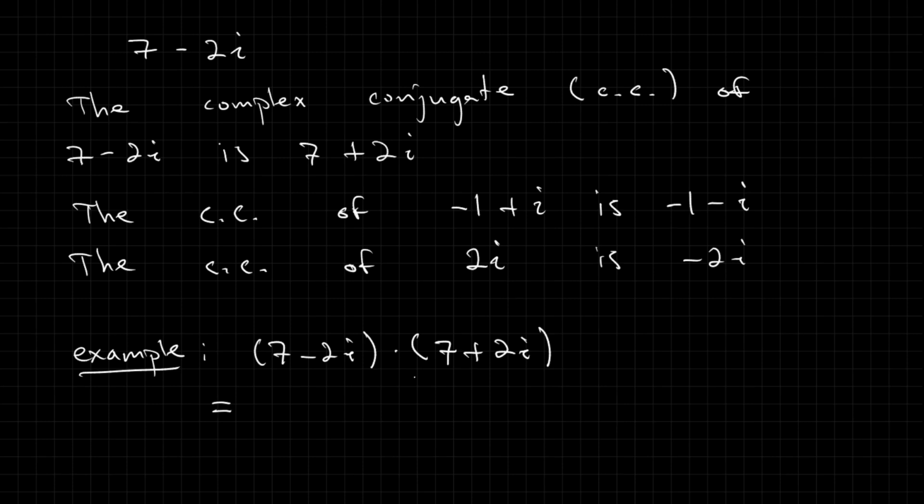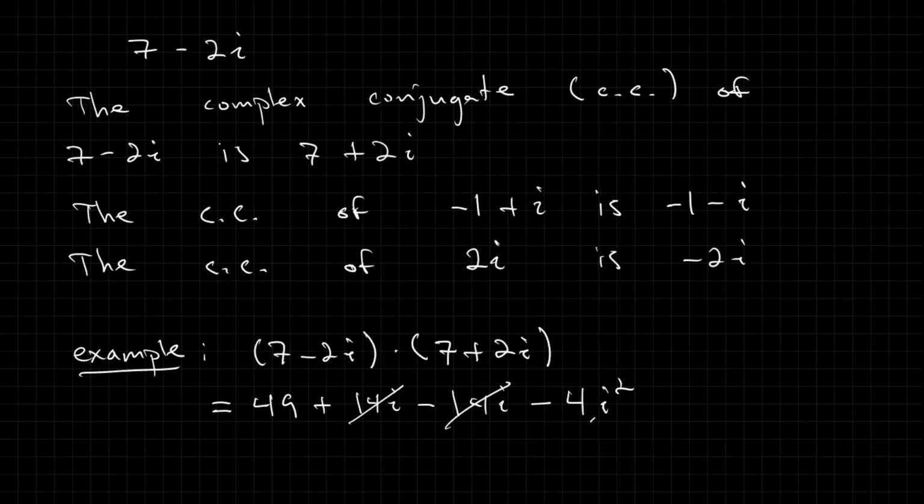So if I do this multiplication, the first term will be 49, the outside term will be 14i, the inside term will be minus 14i, and then the last term will be 2 times negative 2 is negative 4i squared. And we see in the middle here, we have this 14i minus 14i, which will give us 0.